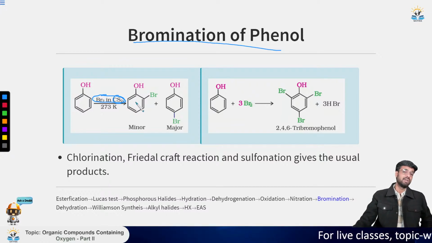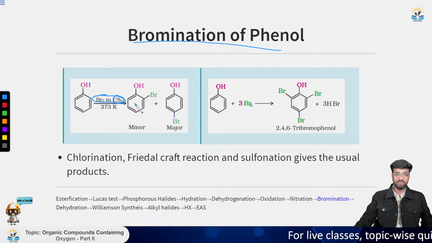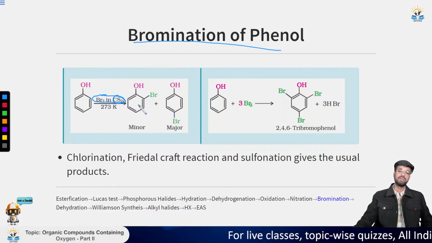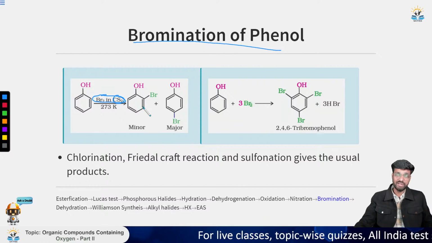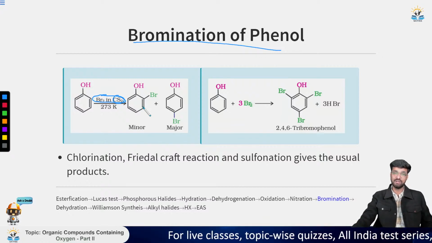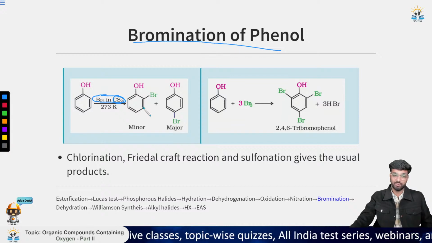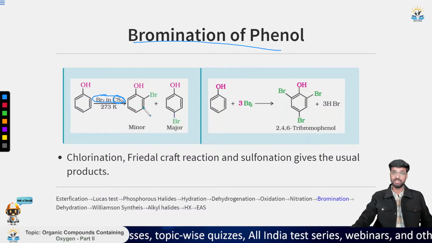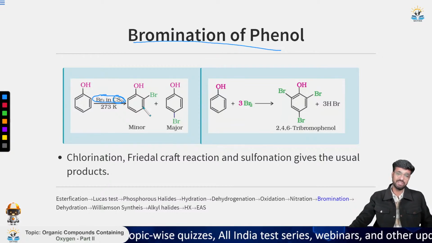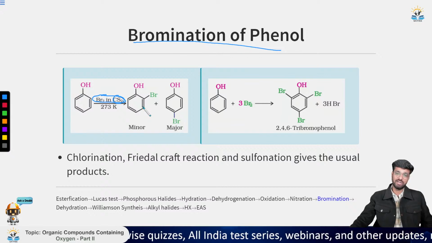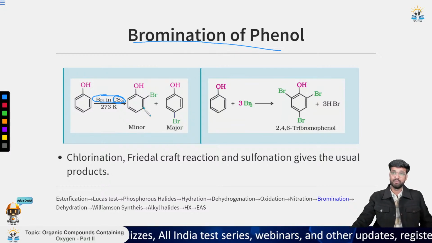Now since we are using a less polar solvent, and electrophilic aromatic substitution involves the formation of a positively charged intermediate, and you know that this kind of intermediate is much more stabilized in a polar solvent, that is why we use a non-polar solvent, so the rate of the reaction is diminished as compared to the polar solvent.